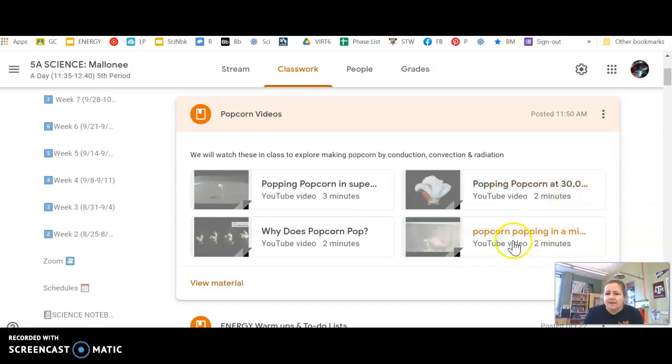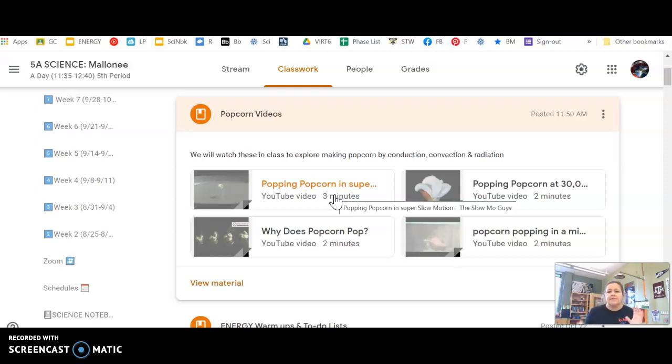I also included, it's not a very exciting one, so sorry, popping popcorn in microwave, just in case you don't have it or can't get to it, but that's there too, but it's the least exciting of videos. If you at home have an air popper or microwave popcorn, for the sake of science, feel free, pop that popcorn, get the full sensory experience, and jot down your observations about it.